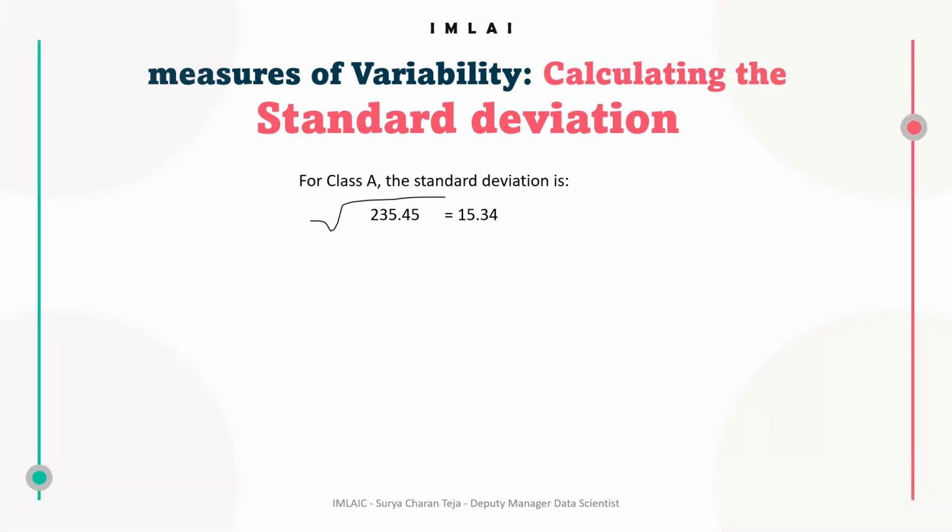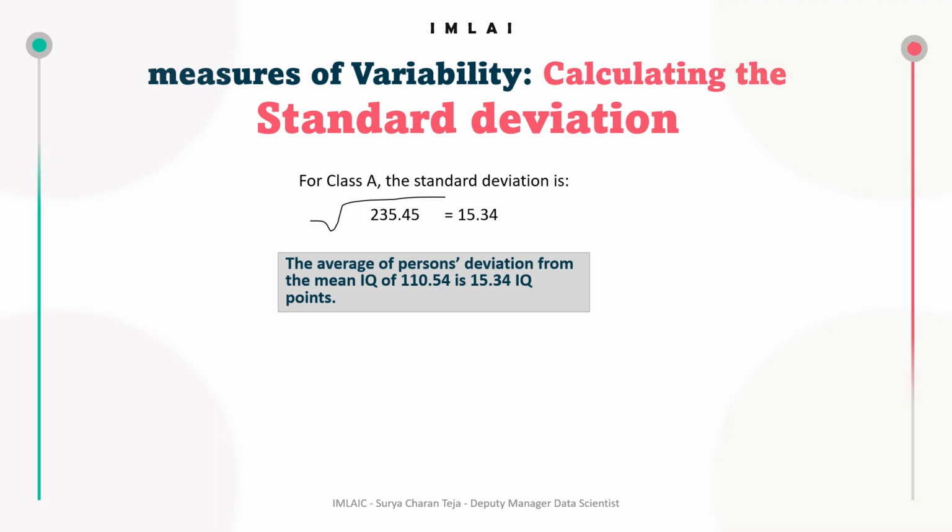This conveys that the average of persons' deviation from the mean IQ of 110.54 is 15.34 IQ points. That's the information it conveys.